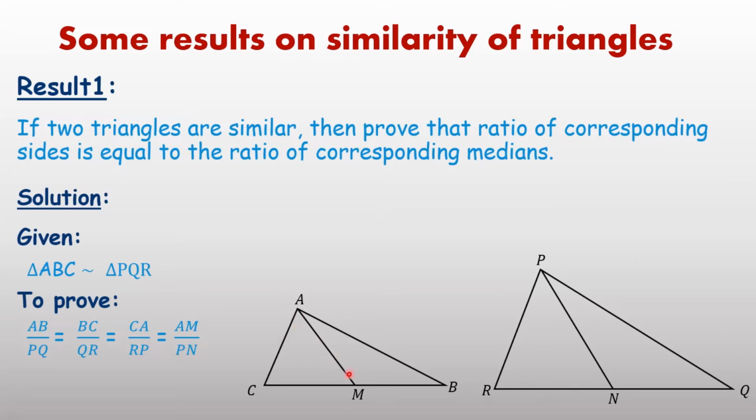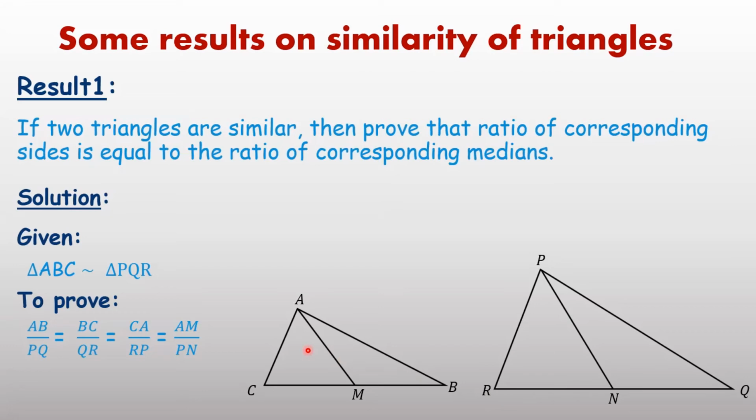Here AM and PN are medians. Median means take the midpoint of BC and join it to A, which is known as the median of side BC. Here N is the midpoint of QR. The meaning of the theorem is clear.